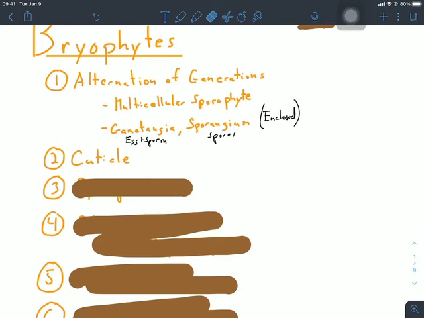Now, everything that we learned about the apical meristem and the three different types of plant tissues, the ground, epidermal, and vascular tissues, does not apply to bryophytes. They only, for the most part, have one tissue type that has slight differentiations. So their internal cells have the same genetic imprint as their external cells for the most part, but their external cells will make a cuticle.